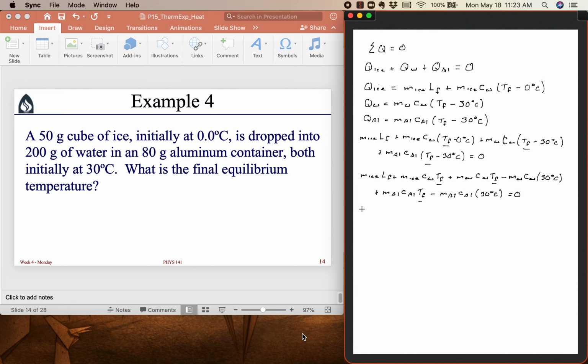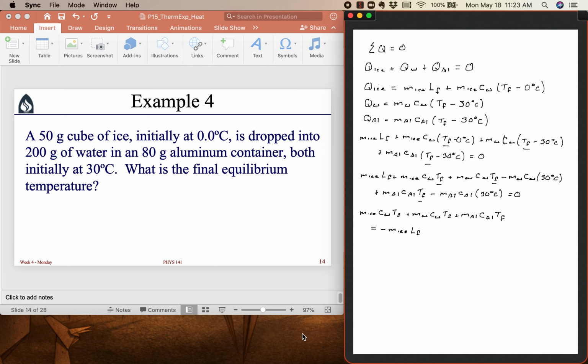So if I do that, I will get mass of the ice, specific heat of water, T final, plus mass of the water, specific heat of water, T final, plus mass of the aluminum, specific heat of aluminum, T final, and that's going to be equal to, and I move this term to the other side, which gives me a minus mass of the ice, latent heat of fusion.